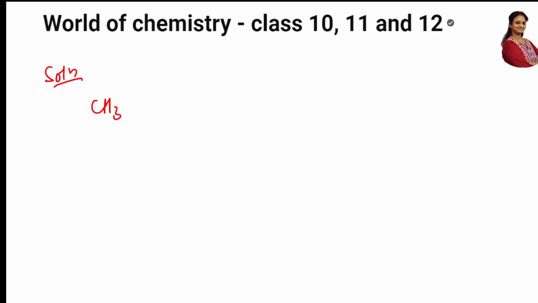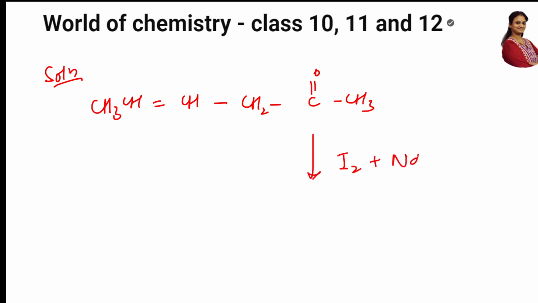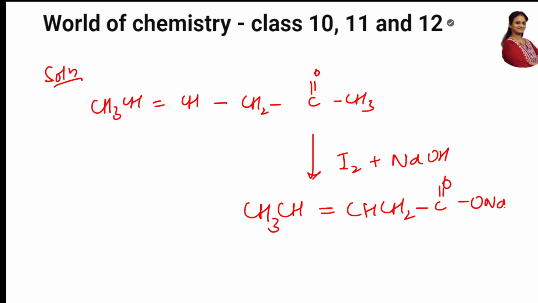Methyl ketones show the iodoform reaction in the presence of iodine plus NaOH, and they are going to form first, let me write step by step, this compound COONa, and along with that iodoform as a yellow colored precipitate.